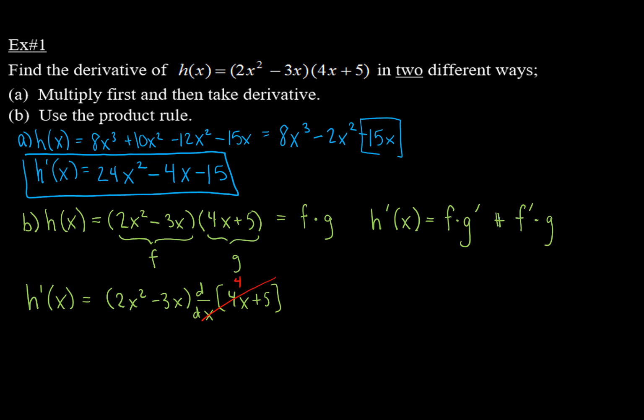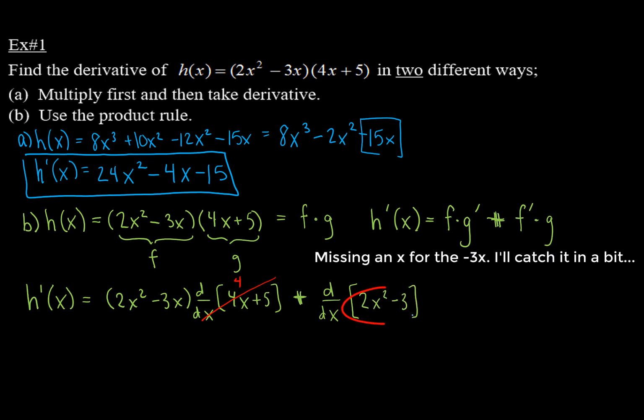Next, remember the product rule has a plus in it. So product plus, product plus. So now I'm going to add the derivative of the first function, and I'm going to multiply that by the second function.